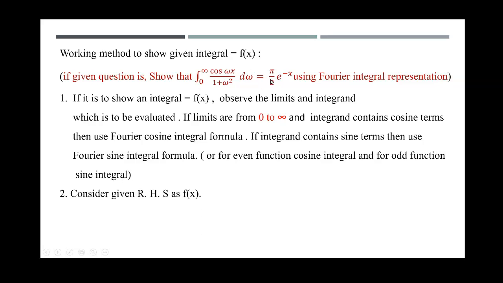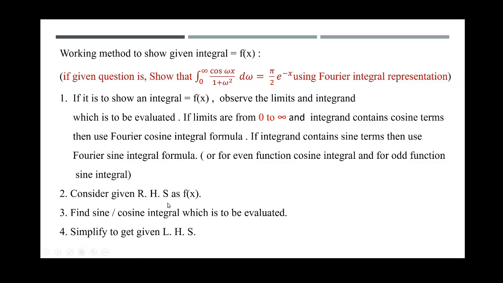Then evaluate a lambda and b lambda, whichever is required, using the relevant integral formula, sine or cosine. After finding a lambda and b lambda, replace those in the Fourier cosine or sine integral formula which is taken. Then we get this integral 0 to infinity cos omega x by 1 plus omega square d omega.